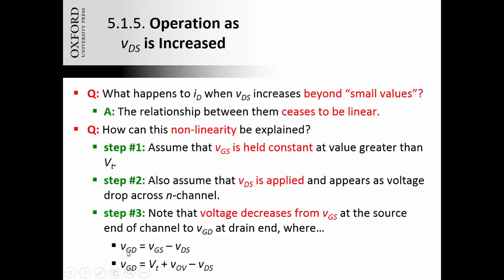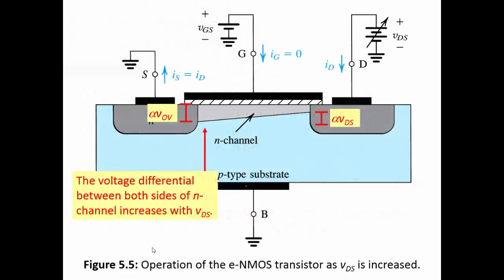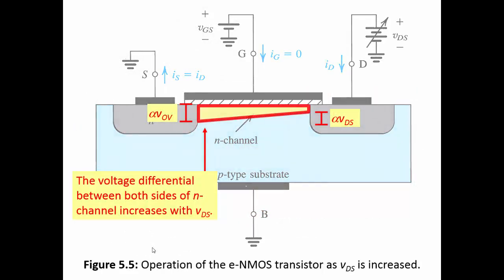The voltage between the gate and the drain is no longer equal to just VGS, because VDS now is significant. So let's go to the next slide because it shows a graph which makes it more understandable.